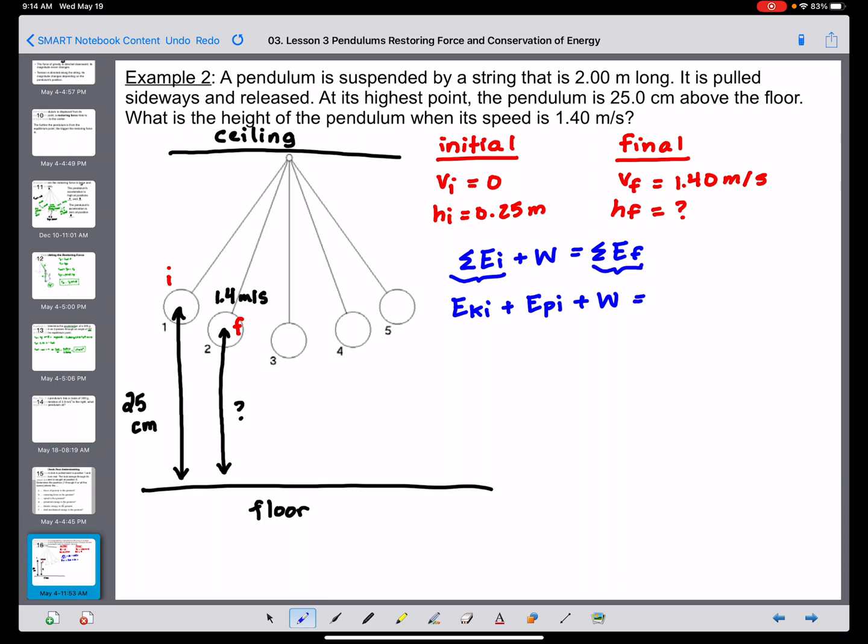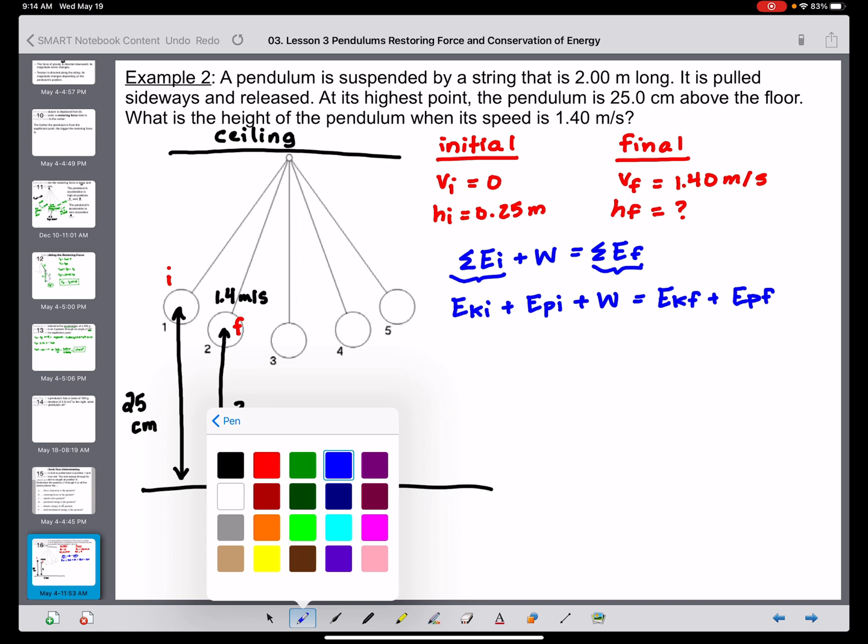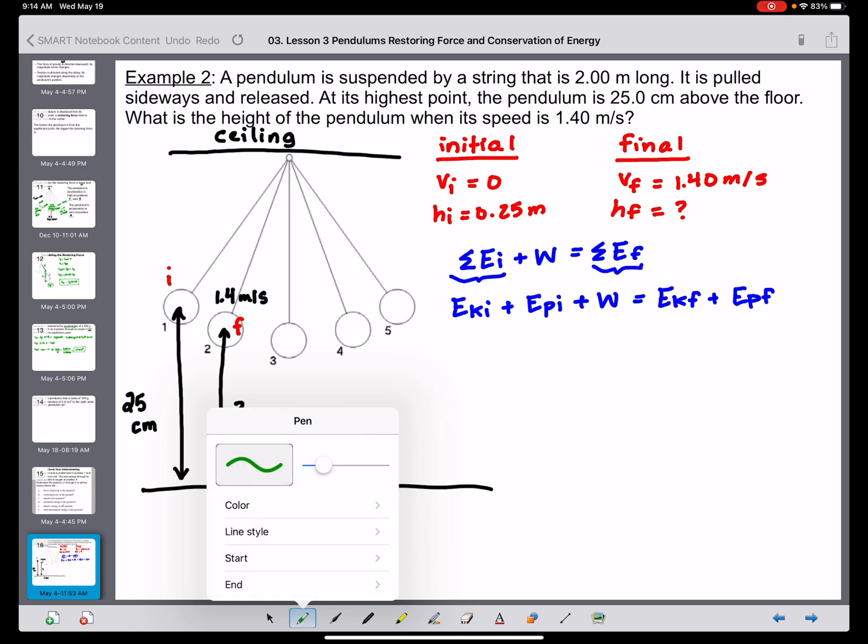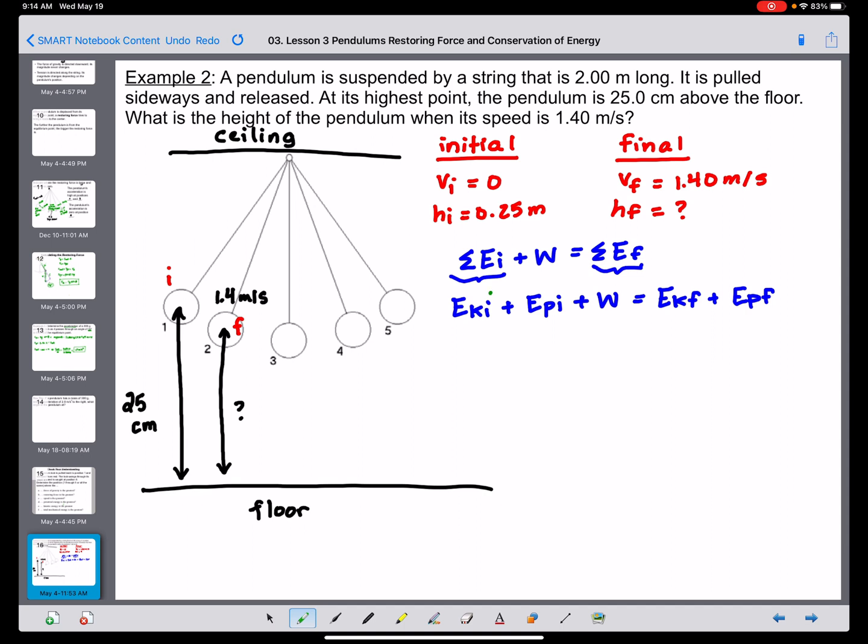And then total final energy is made up of EKF plus EPF. Now we're going to go in and we're going to cross out things that are 0. So since VI is 0, EKI is 0.